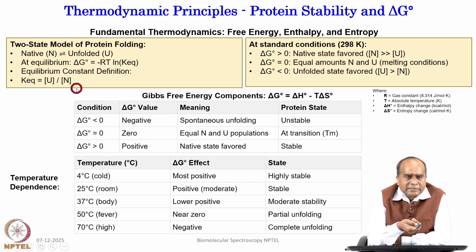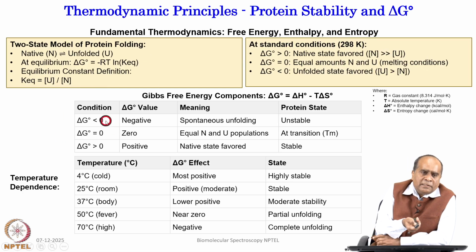So, at room temperature, 288, if delta G is positive, the native state is favored. If delta G is 0, that means the equilibrium state, the melting condition, and if it is negative, the unfolded state is favored. So, all those conditions one can find out.